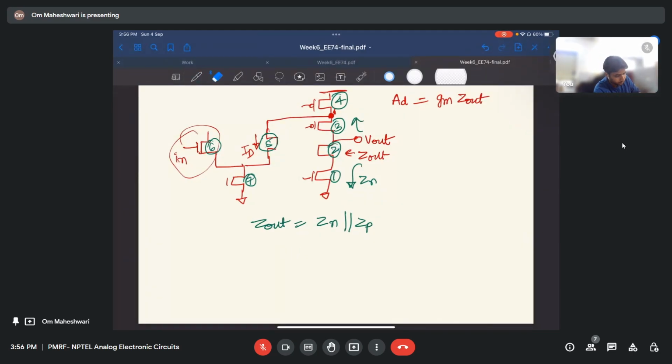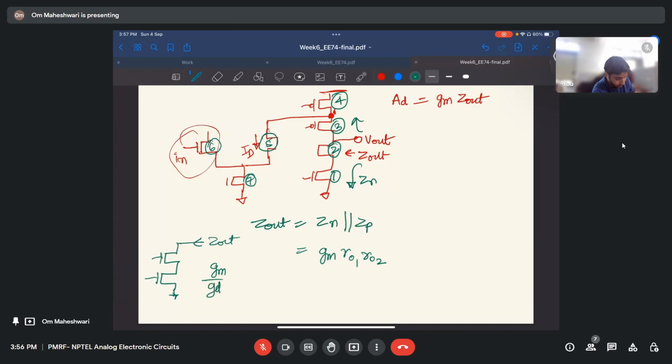Zn. If we solve this, it will be Gm Ro1 Ro2. I have solved it earlier also. If you solve this, the Z out here for two NMOS with same width comes out to be Gm by Gd squared, or if it is Gd1 and Gd2, it is Gd1 Gd2.